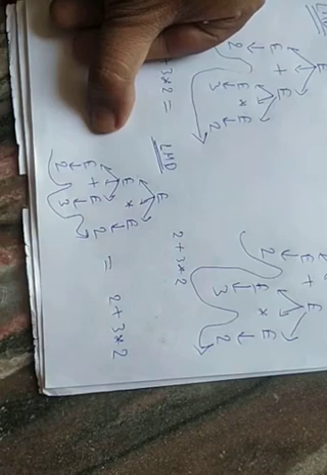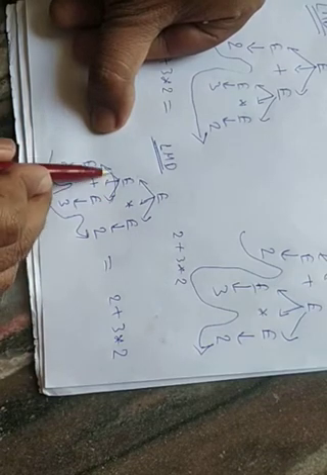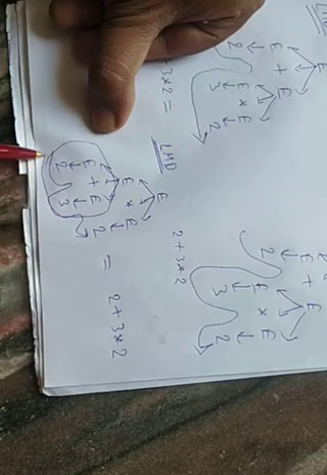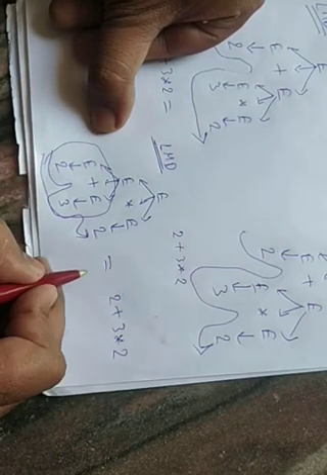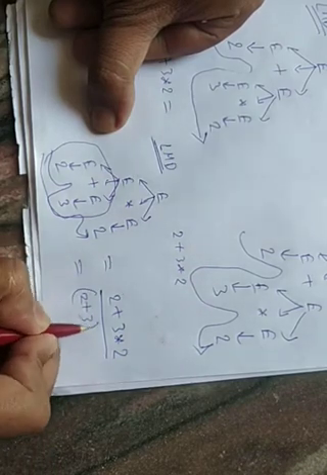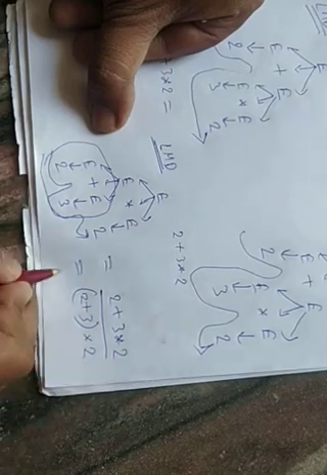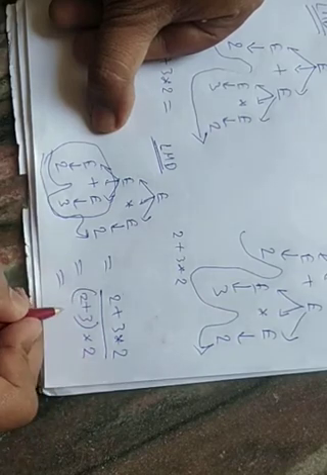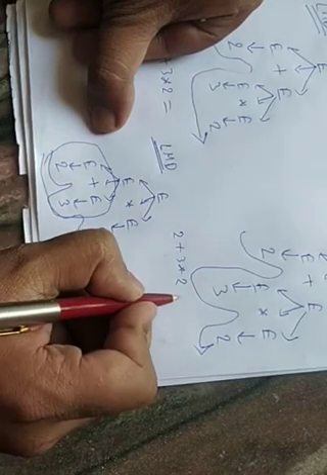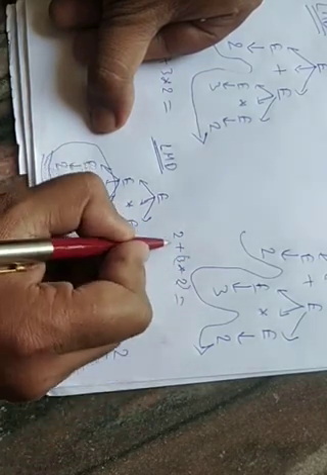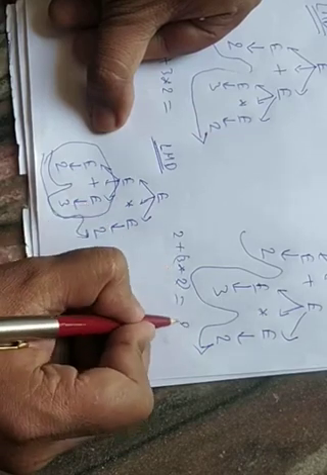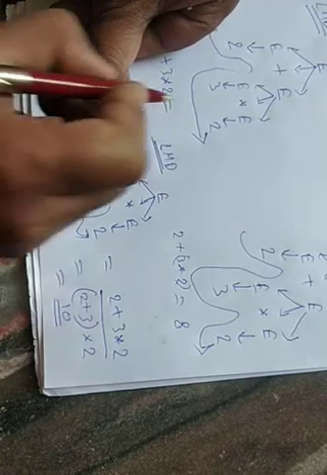But here, as you can see, this particular part is combined, hence this is actually 2 plus 3 into 2, which means 5 into 2, that is 10. But in the previous one, whatever we have done, it says 6 plus 2, that is 8.